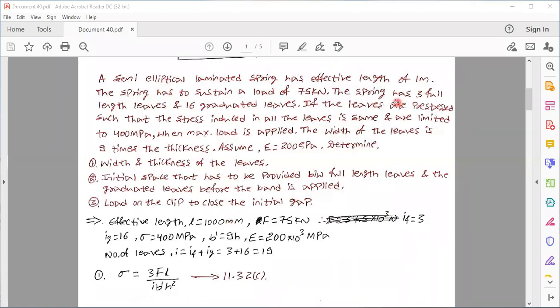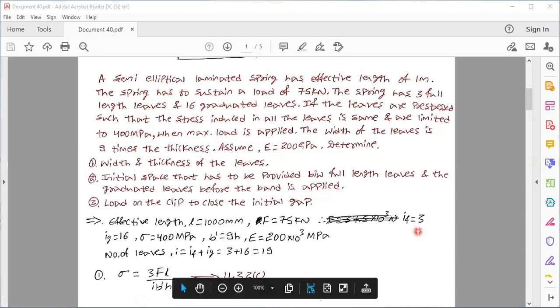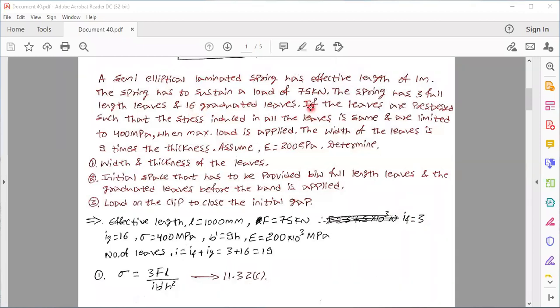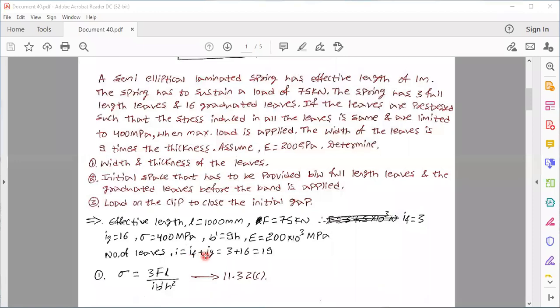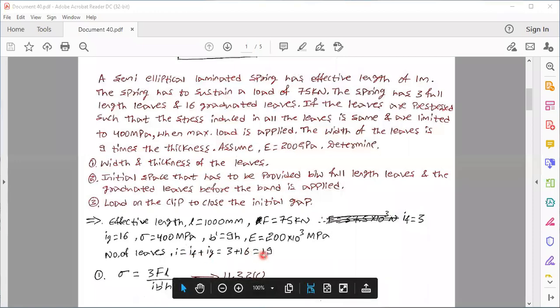Therefore, IF is equal to 3, and IG is equal to 16. The total leaves, including full length leaves as well as graduated leaves, are denoted by I. I is equal to the sum of full length leaves plus graduated leaves.